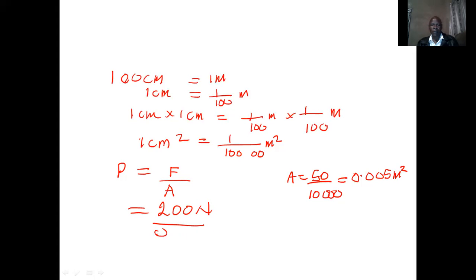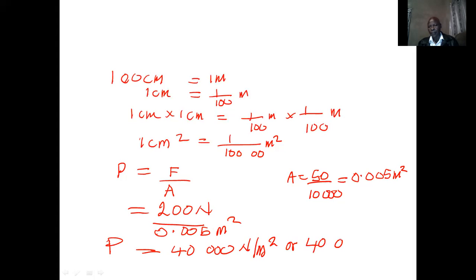This is the one we are going to divide with. And so pressure would be equal to 40,000 newtons per square meter, or we can say 40,000 Pascal.